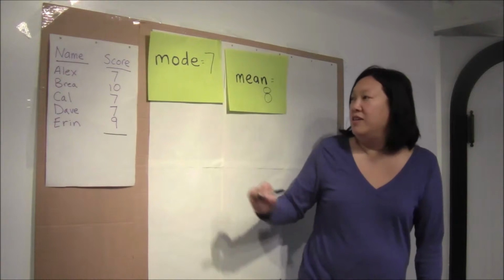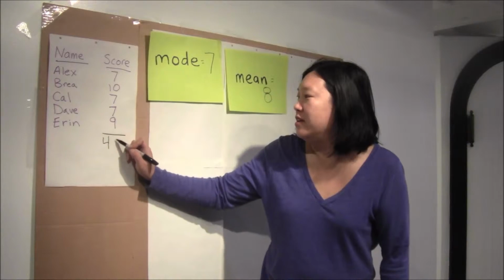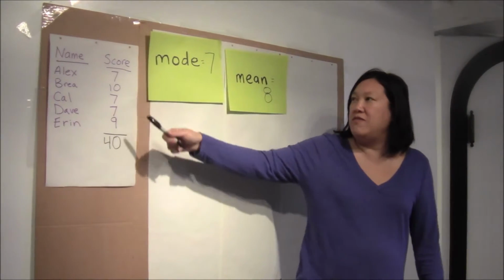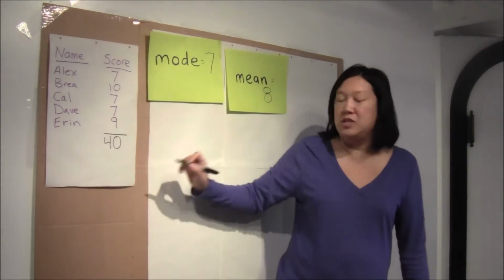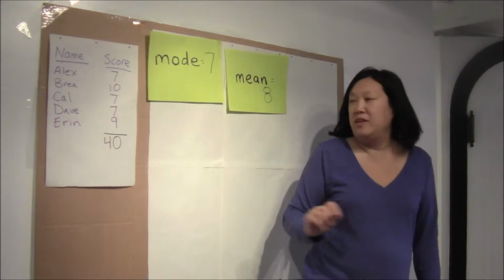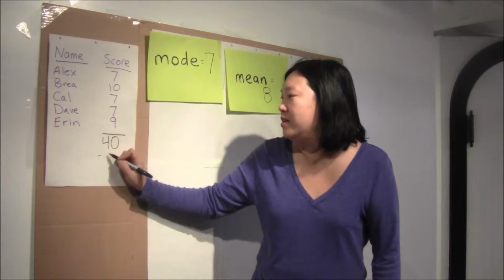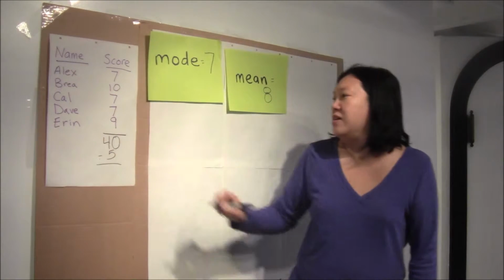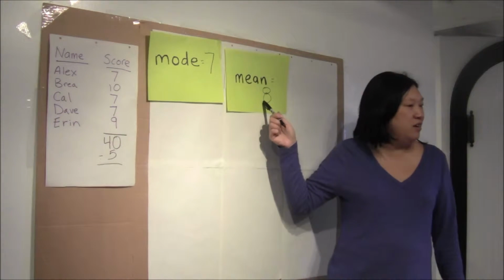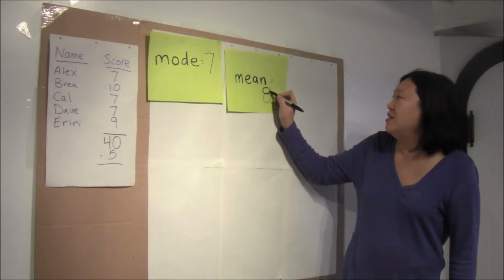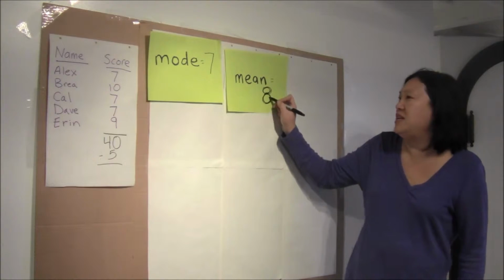Zach? 40. So this was a 40. And then we took 40 divided by the number of people, which Asia, you said was what? 5. And then that's how we got our 8. Very good. Okay, so that is our mean.